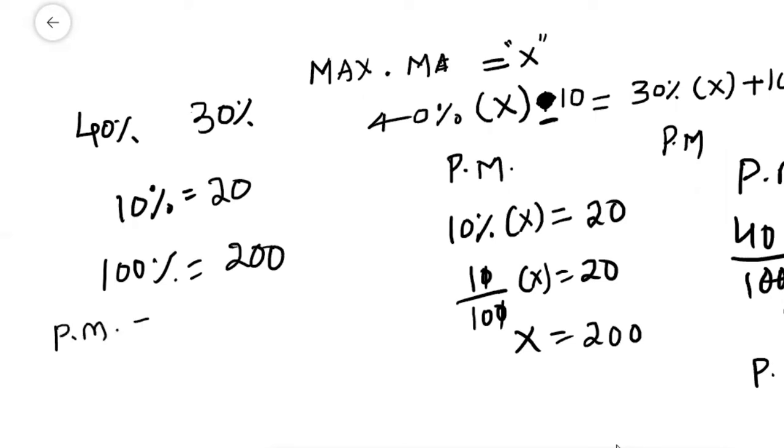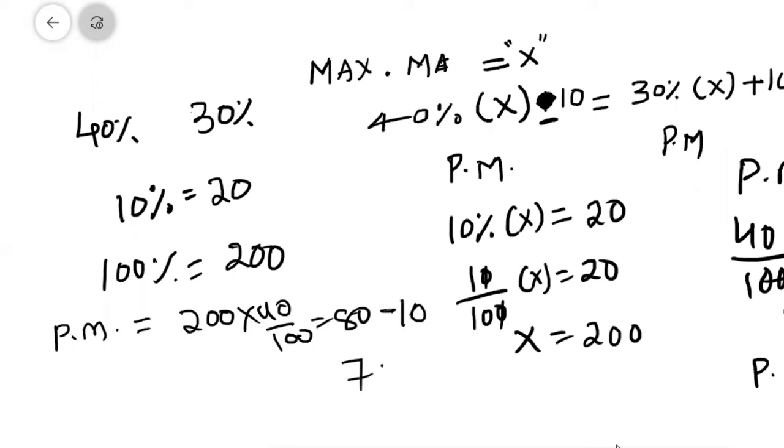Next, the pass marks. Out of 200, one fellow got 40%. In 200, 40% is 80. He got 10 marks more than the pass mark. So if you subtract 10, you will get the pass mark.